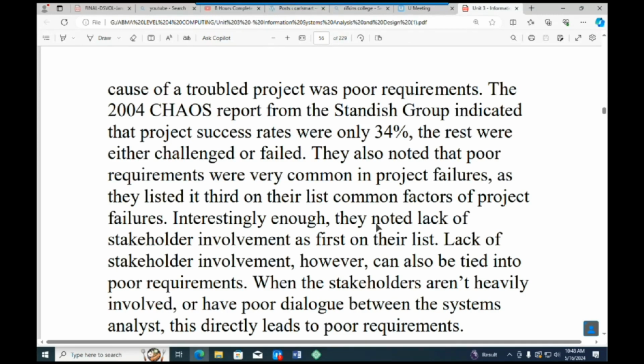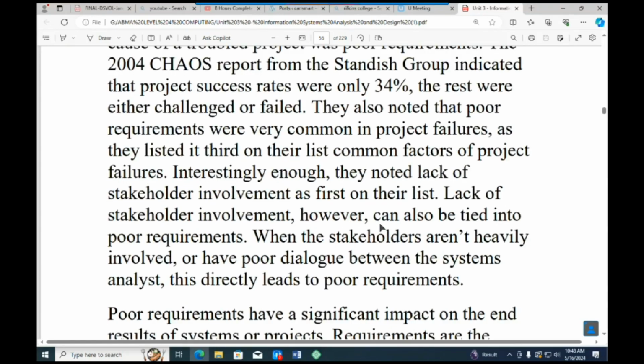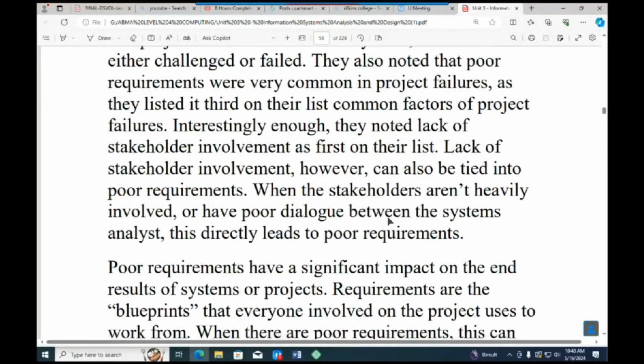That was listed on their third list of common factors of project failures. Interestingly, they also noted that apart from poor requirements, there was lack of stakeholder involvement.